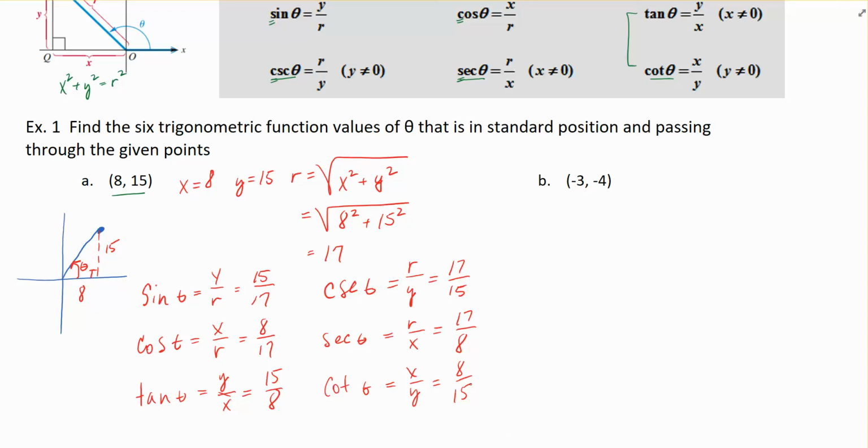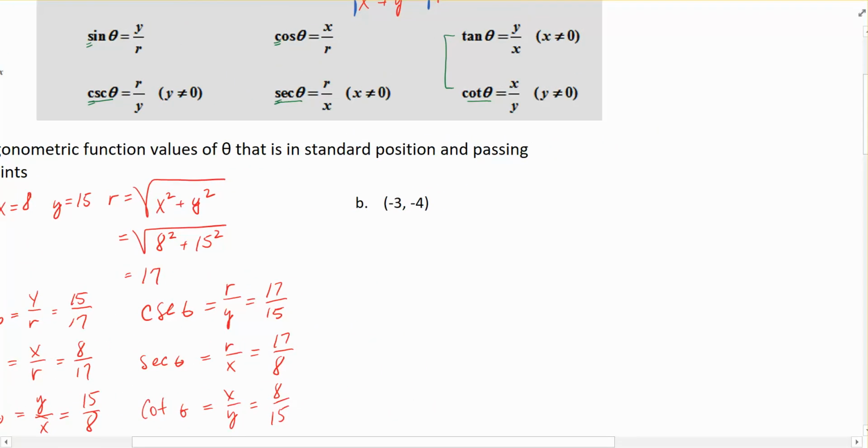Now let's do a similar problem, only this time, instead of problem A, let's look at all 6 of those trig function values for the point -3, -4. So again, I'm going to start by plotting the point -3, -4. Now it would be down here in the third quadrant, somewhere around here.